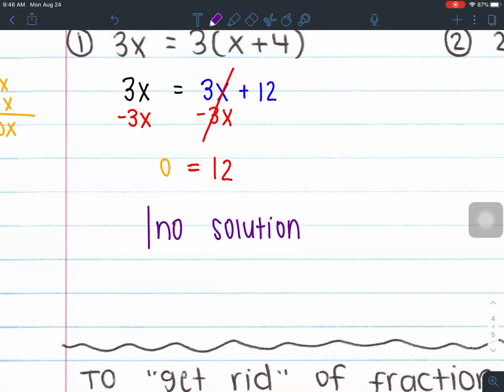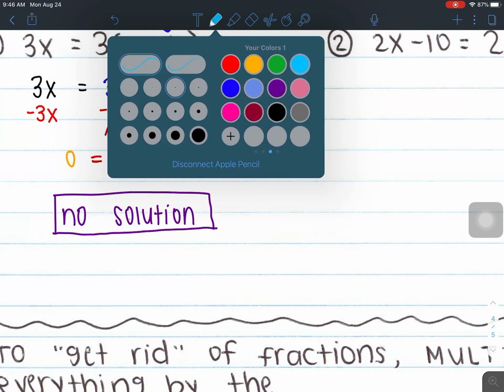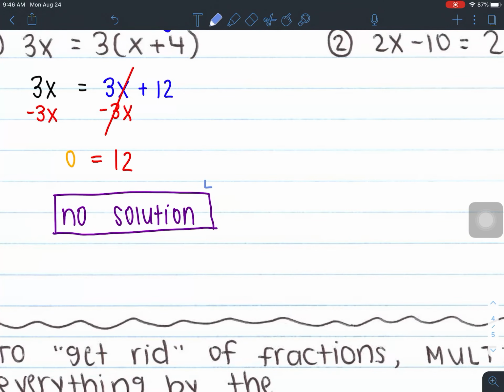What does no solution mean? No solution means that no matter what number I plug in for x, this equation will never be true. It will never work out because there's no number on this planet that I could plug in that would make sense. So here's a little helpful thing to remember when we're dealing with no solution problems. 0 equals 12 makes no sense, right?